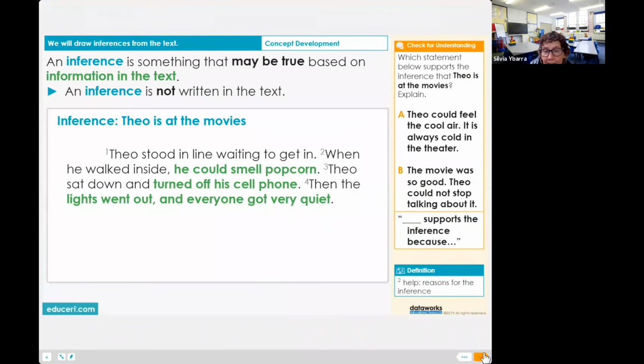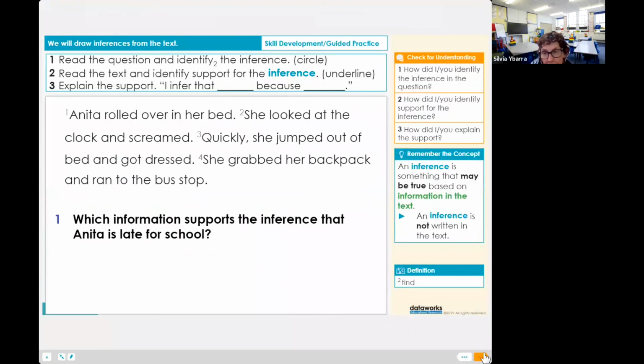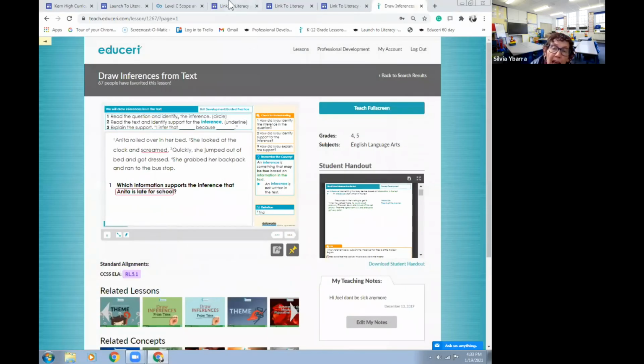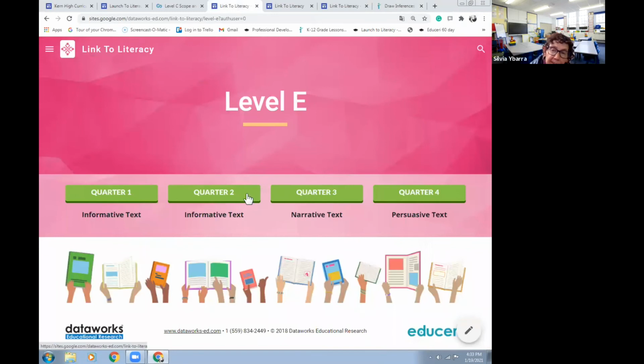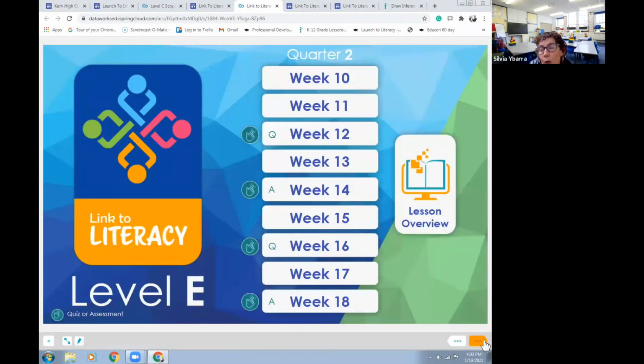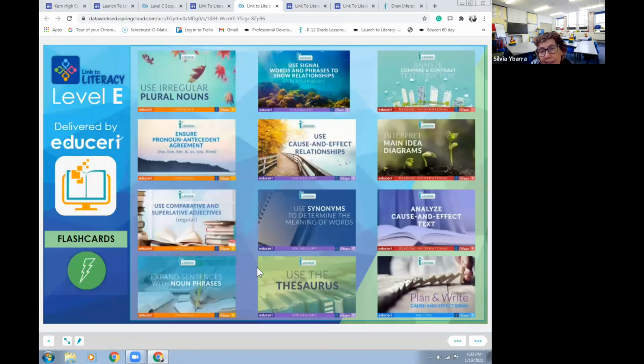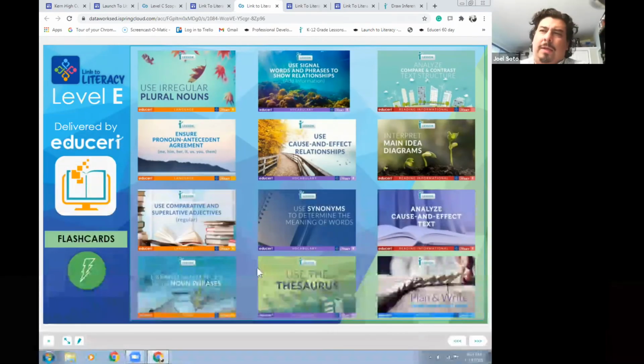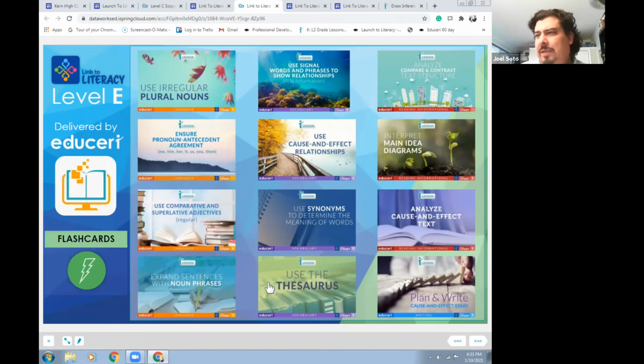So we do not use long passages. What we do is we use very short passages. We have very good distractors. And then we have a variety of topics that we would like to expose the students to. So when they go to science or when they go to history, they know that still they have to find the main idea.